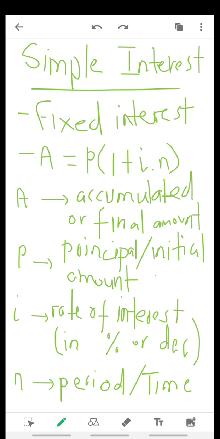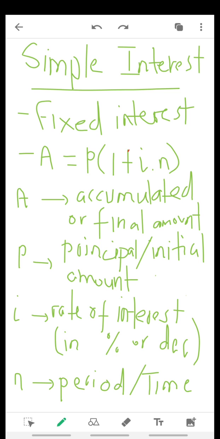Okay, then this is the formula that we use when we are dealing with simple interest, where A is the total amount which would have accumulated at the end of the period, or what we call the accumulated amount, in rands, and then P being the amount that you started with. We normally call it the principal amount or the initial amount, which is also calculated in rands.